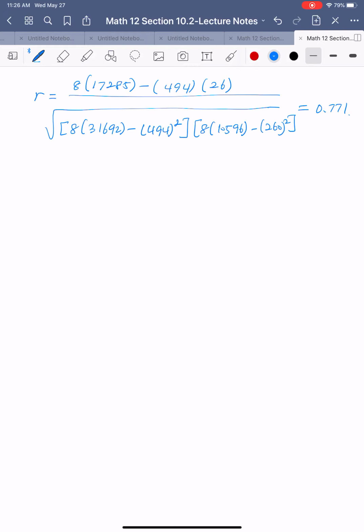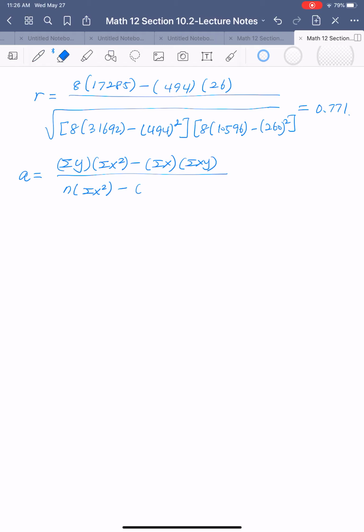Okay, so now we can find the a. In order to find a, that is sigma y times sigma x squared minus sigma x times sigma xy, over n times sigma x squared minus sigma x quantity squared.